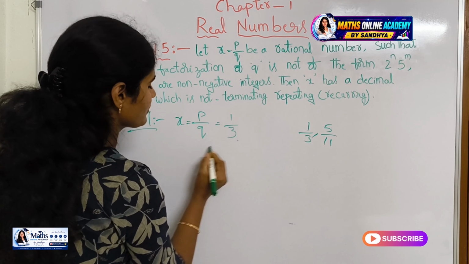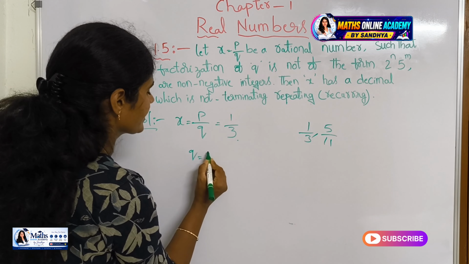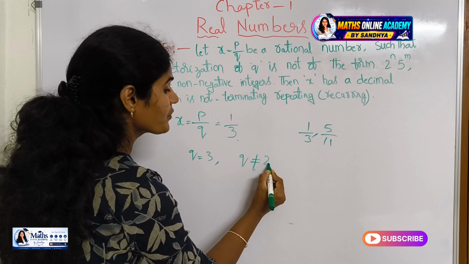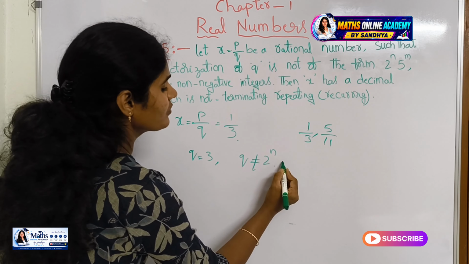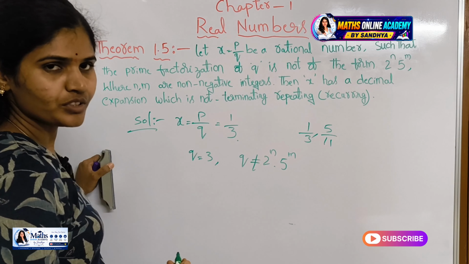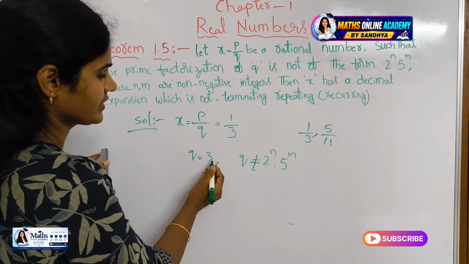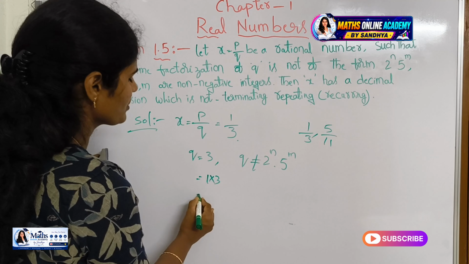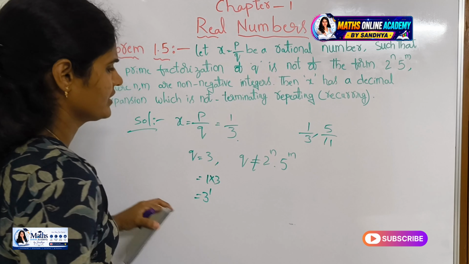Here q equals 3, and we have to prove q is not in the form of 2 power n 5 power m. If you do the factorization of q, 3, what will you get? 1 into 3, so 3 power 1.